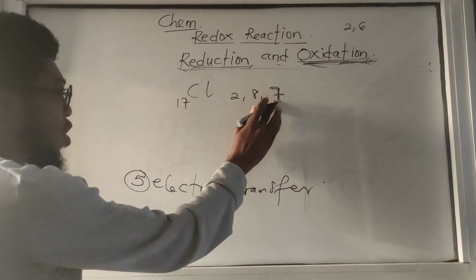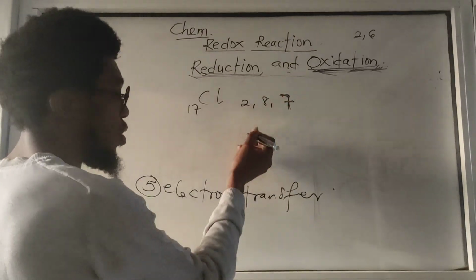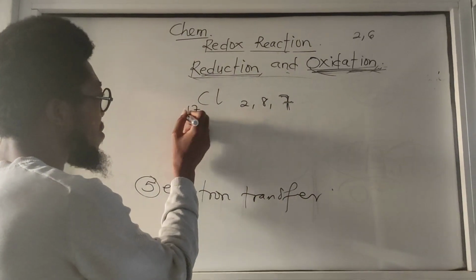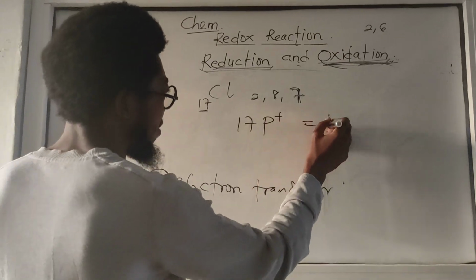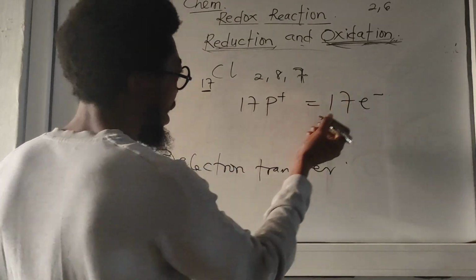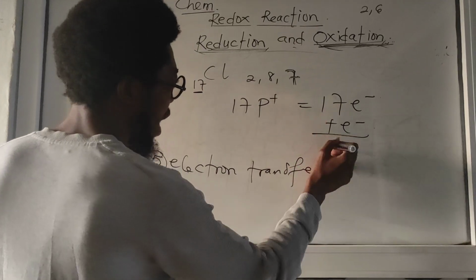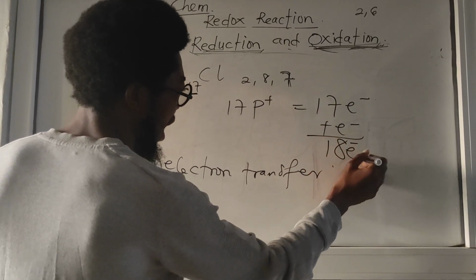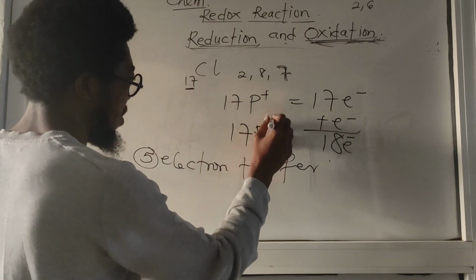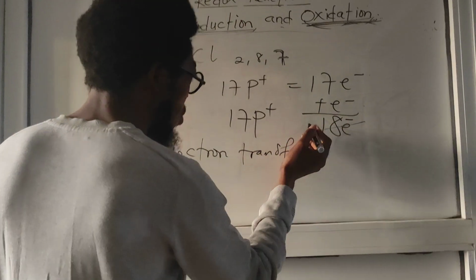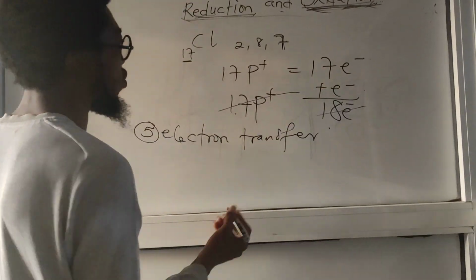So the 1 electron it gained makes it have more electrons than protons, because it was having 17 protons, 17 positive, and 17 electrons, negative. Now it has gained 1 electron. So the number of electrons here is now 18, while the positive is still 17 protons. 17 cancels 17. I am having 1 extra electron.